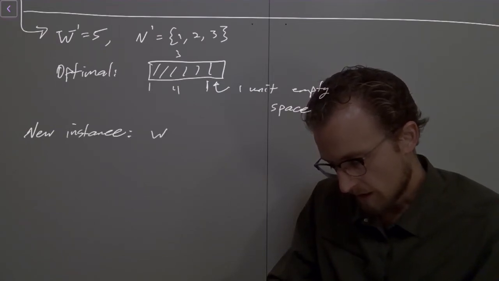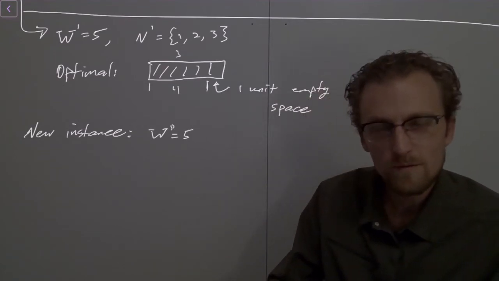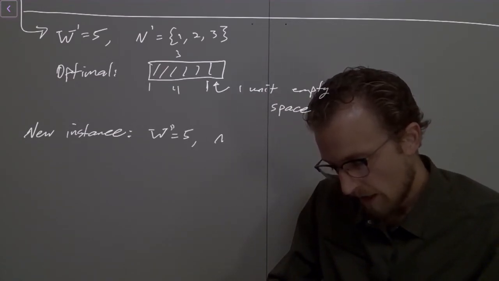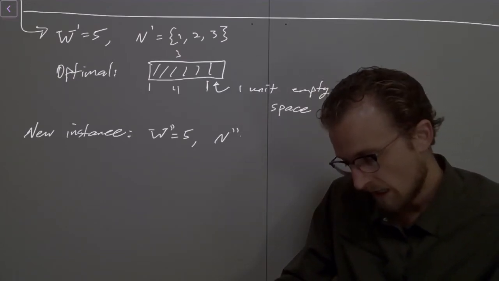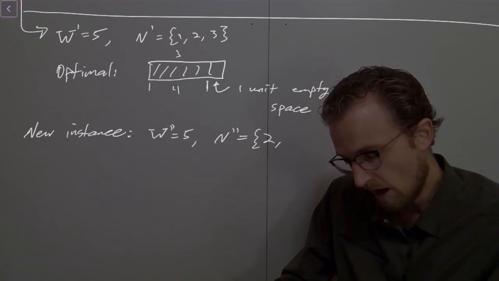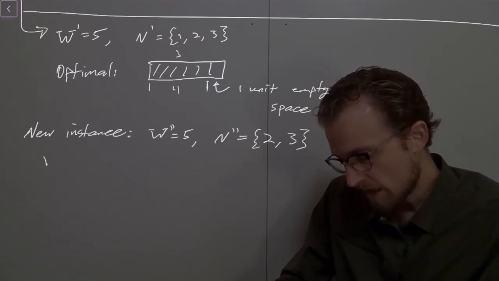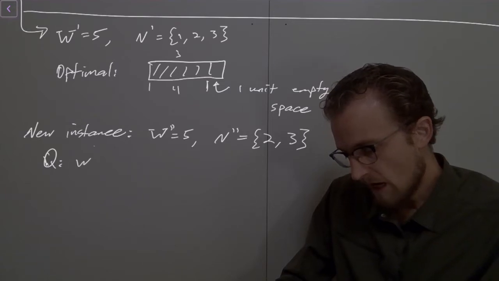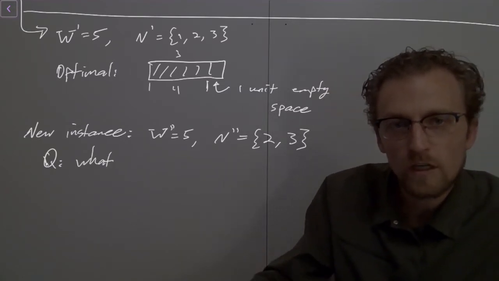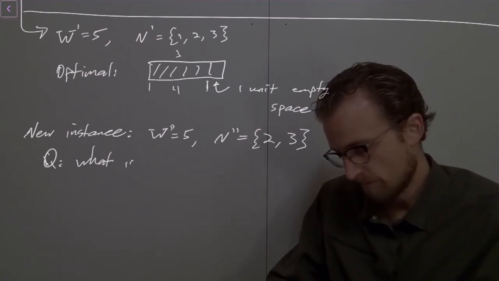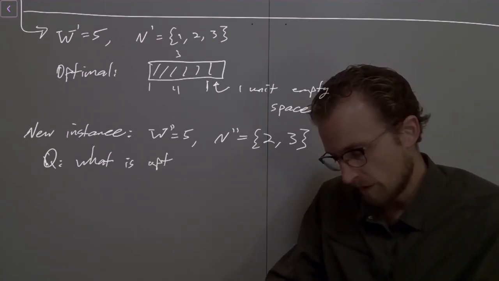Same capacity, W prime prime is 5, but now my n prime prime, the set of objects that are available to you, is smaller. Now it's only objects 2 and 3. And I say, what is the optimal subset among items 2 and 3 when the capacity is 5?